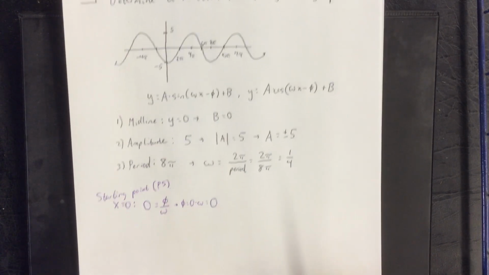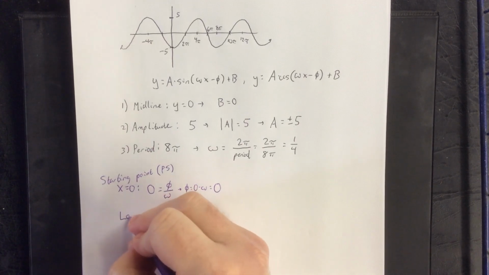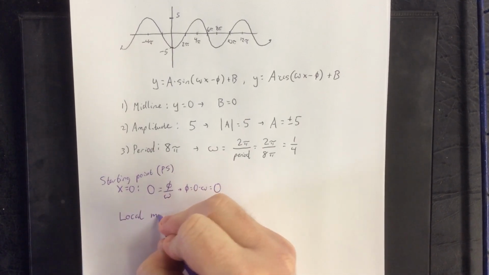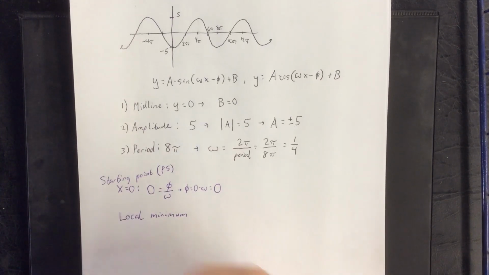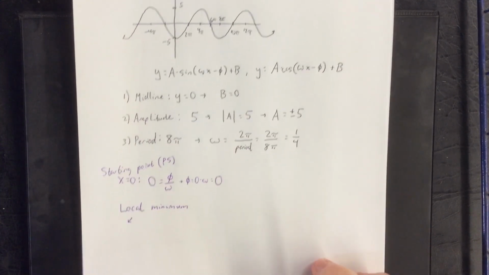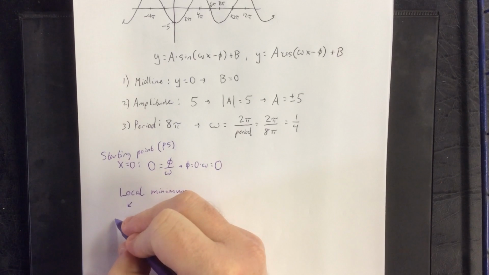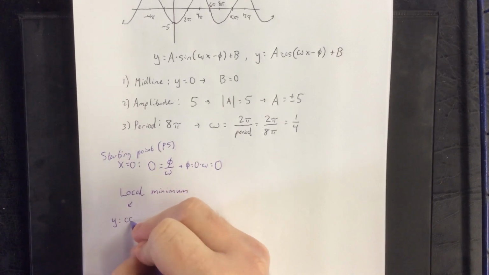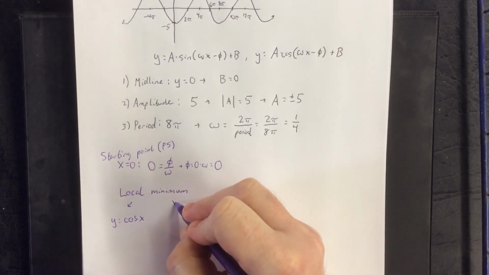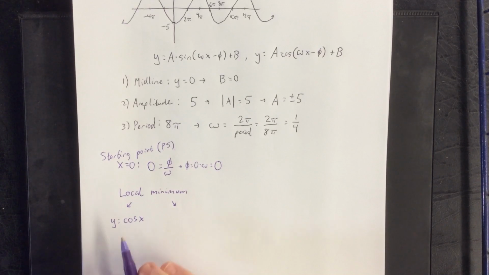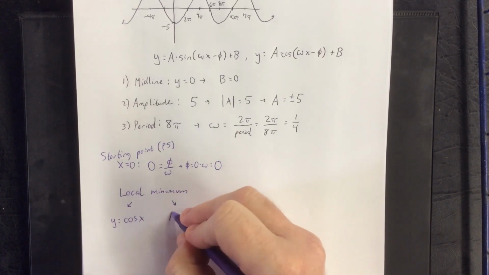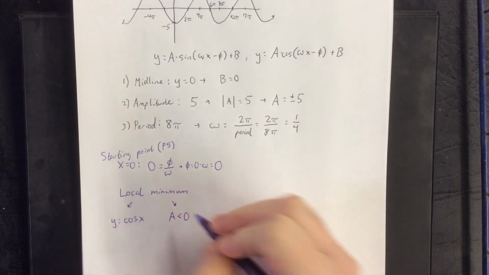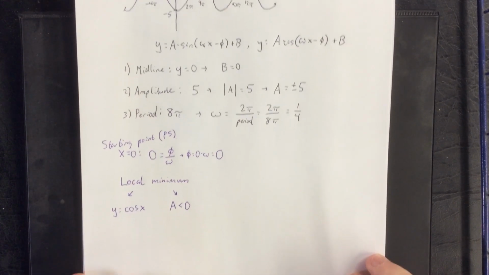You'll also notice that at x equals 0, we are at a local minimum. Local minimum tells us two things. The fact that we're starting at a local something means that our mother function is going to be the cosine of x. Now normally the cosine of x starts its first period at a maximum. The fact that we're at a minimum means that there has been a reflection. I want an a value that's negative.